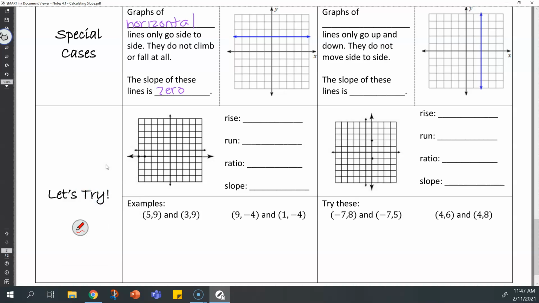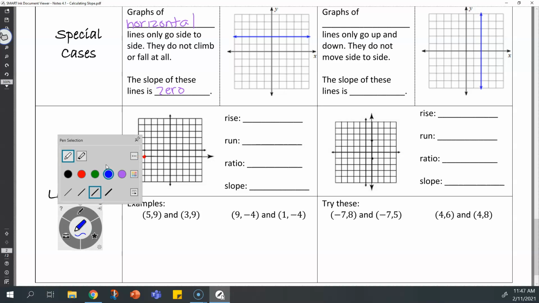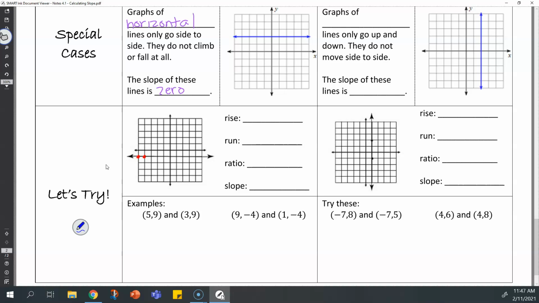So from my graph, here's my horizontal line. I've got my 2 points here. And I can still try to do rise over run to find the slope. So if I start at this point, I do not have to rise at all. I don't have to go up or down any to reach my second point. So my rise here is actually 0. Okay. My run, on the other hand, in this case, is going to be 1.